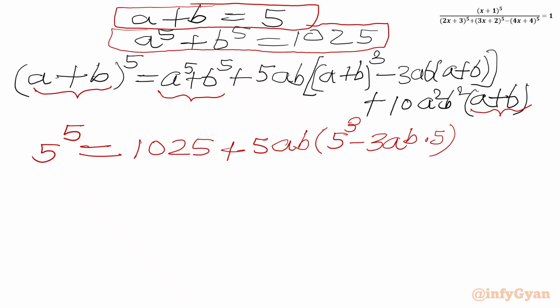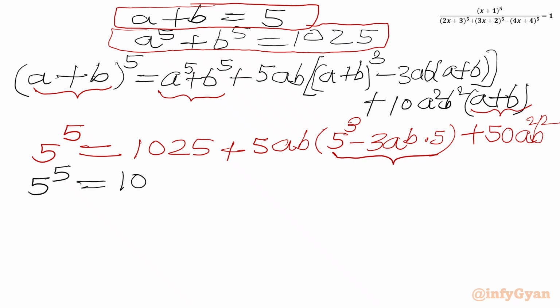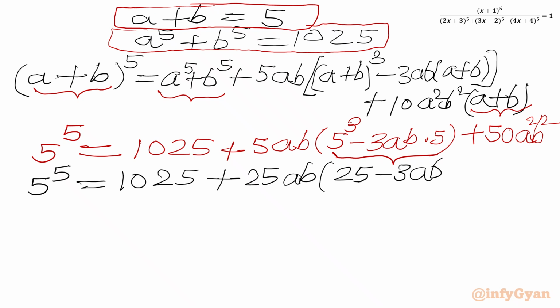Then A plus B is 5, and 10 times 5 is 50, so I can write plus 50 A square B square. Now we will take 5 common from this bracket. So the equation will become 5 power 5 equal to 1025 plus 25AB in the bracket (25 minus 3AB) plus 50 A square B square.